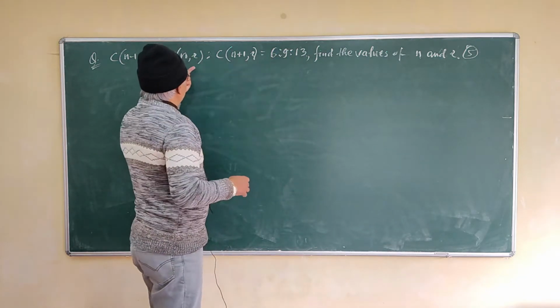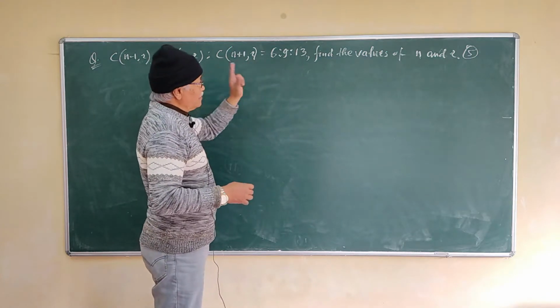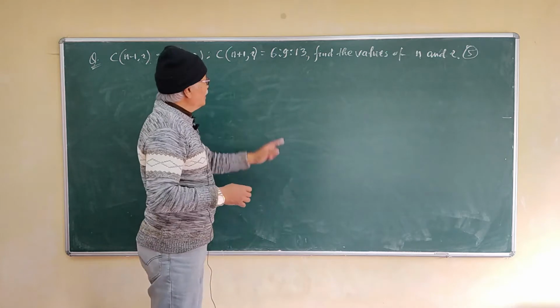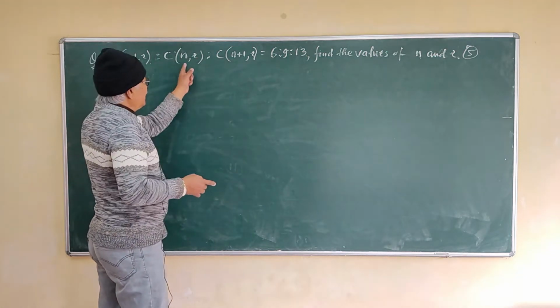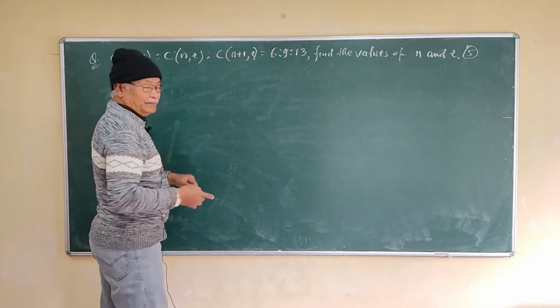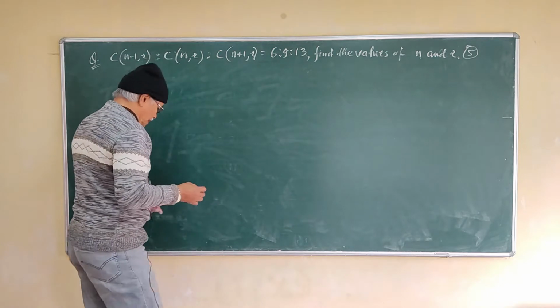This is the material supplied to you, and with the help of this you have to find out the values of n and r, because as you read this, n and r are unknown here, but you are given that particular hint here.